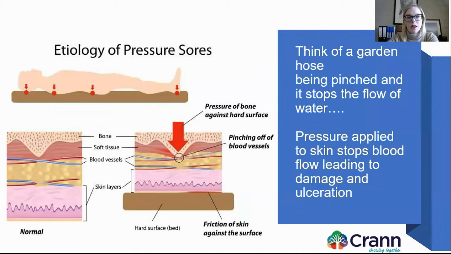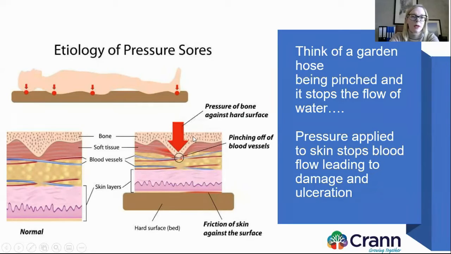This is how pressure over a bony prominence occurs. I'm not sure if you can see my mouse there, but here you have bone, soft tissue, blood vessels, and skin layers. If you have pressure, say this is an example of your pelvis or your hip while lying on your side, that is pinching down and leaning on your skin over a hard surface like a mattress, or, say, a trolley in a hospital, where you'd be more at risk again.